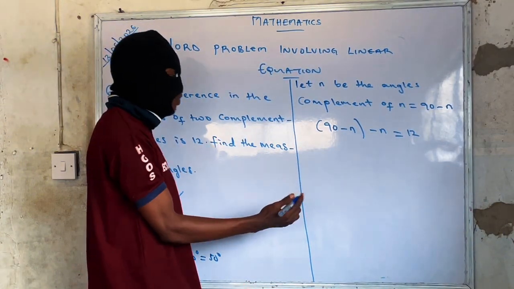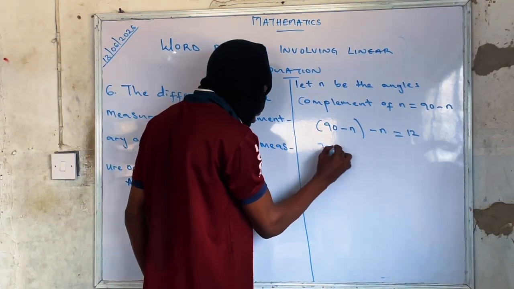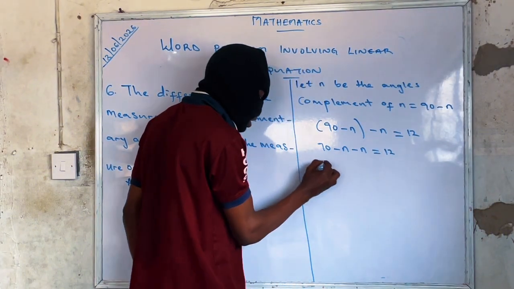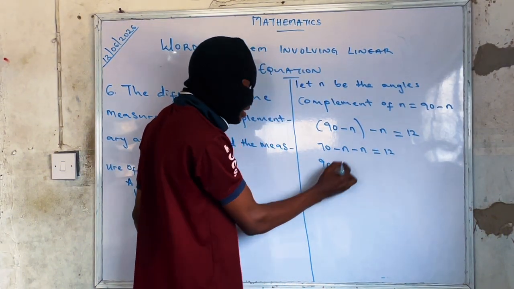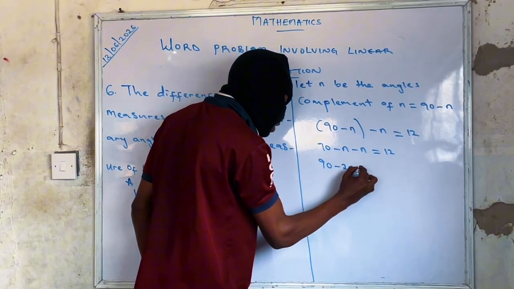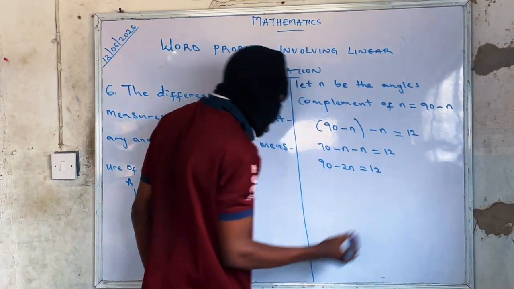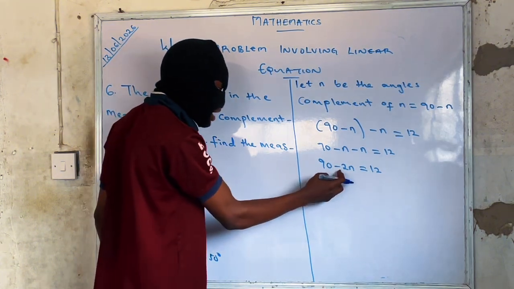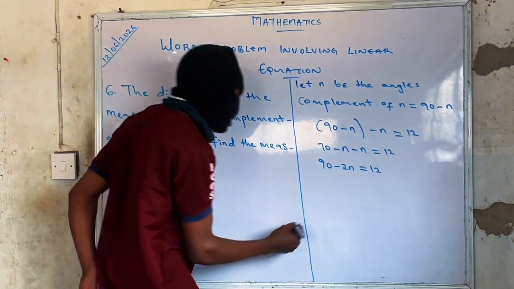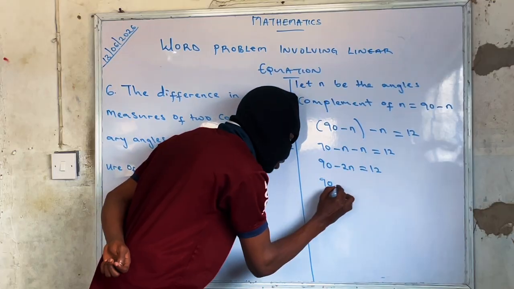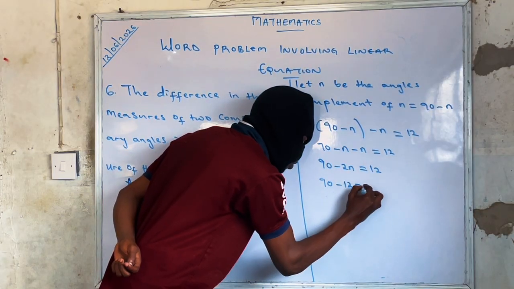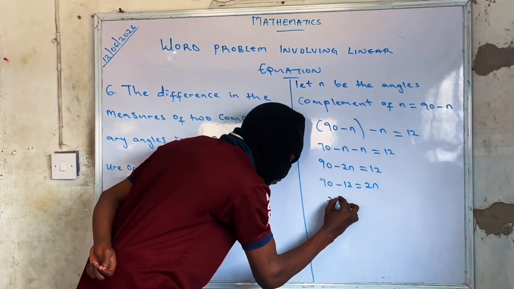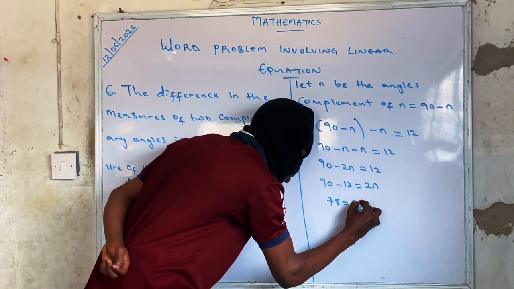Now let's go on with solving. 90 minus N equals 12, then 90 minus 2N equals 12. Let's collect like terms. So 12 comes to 90, while this goes to the other side. So 90 minus 12 equals 2N. 90 minus 12 will give us 78. Then we have 78 equals 2N.